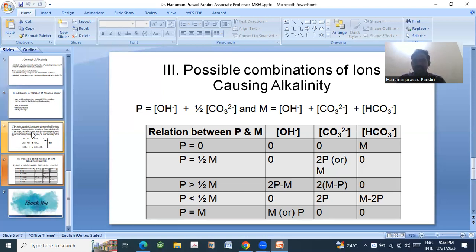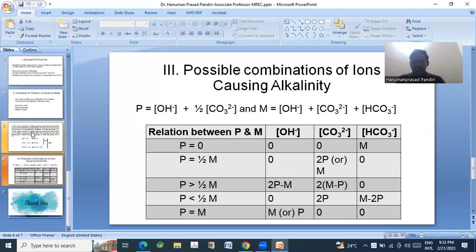Let's substitute these two values in the P and M. So P will become half CO3 2 minus concentration because OH minus concentration is 0, and M will become CO3 2 minus concentration.